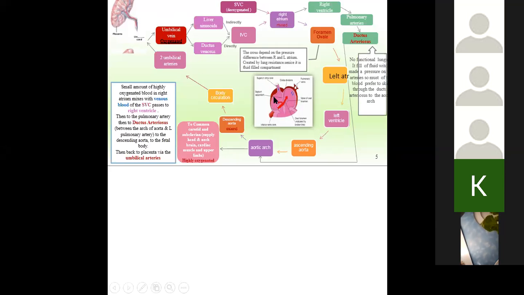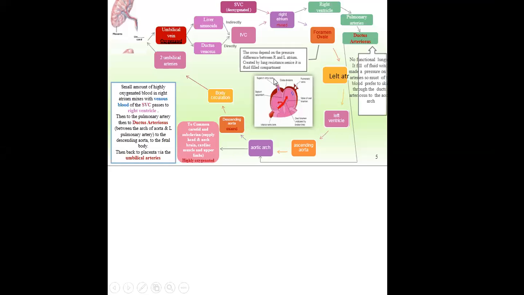So definitely the highly oxygenated blood mixes with the blood brought by the superior vena cava from the upper extremity and the brain and neck area. But as soon as the blood enters the right atrium, we have a flap-shaped structure which is hanging.